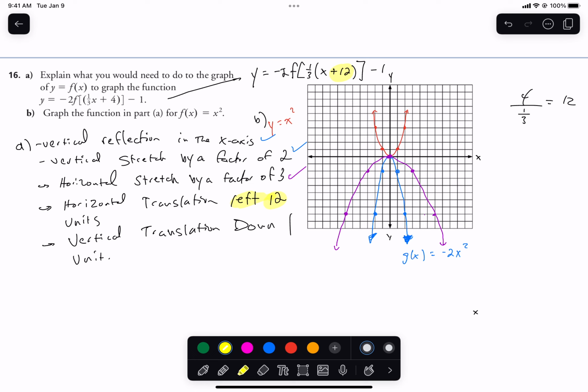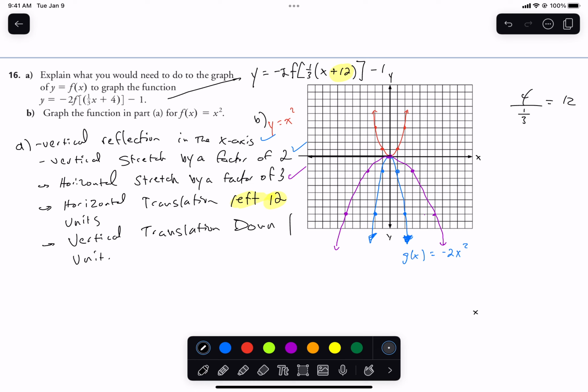Obviously that's not going to fit, but we really just need 3 points for a quadratic to get an idea. It's helpful to have 5, but we'll move whatever we can. So I'm going to grab all these purple points. They're all going to move 12 units to the left, which unfortunately takes us off of our grid, and then down 1.